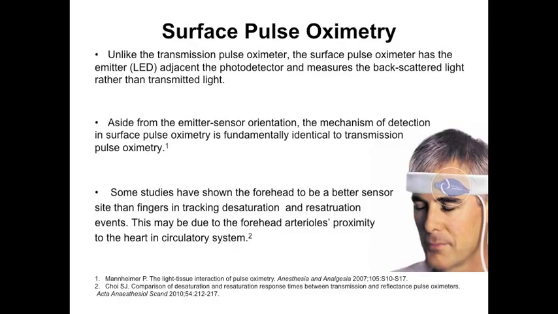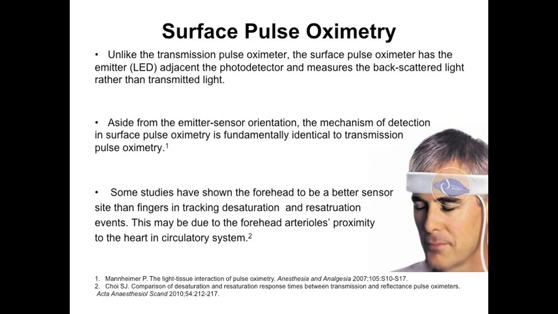In surface pulse oximetry, the light source is adjacent to the photodetector and measures the backscatter of light rather than transmitted light. Orientation of light source and photodetector aside, the mechanism of detection in surface versus transmission pulse oximetry is identical.